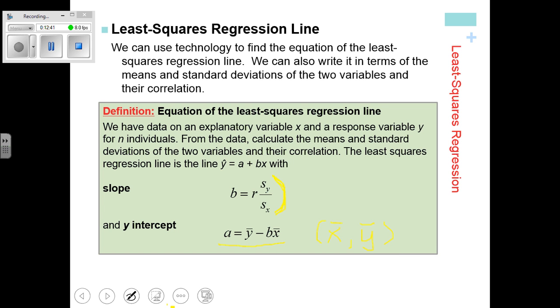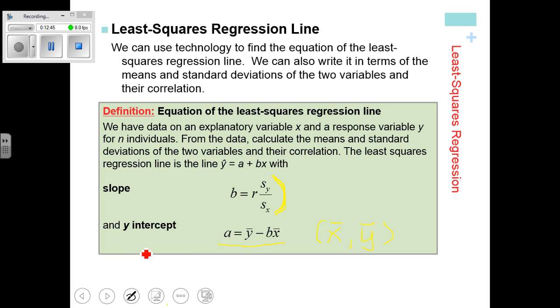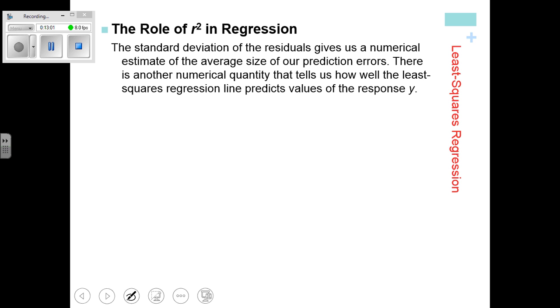So if you have the slope and you're looking for the y-intercept, remember we call the y-intercept a, you could plug in x bar and y bar, if you have the means of the x's and y's, and you could find a to plug it back into your equation. It would be very useful.